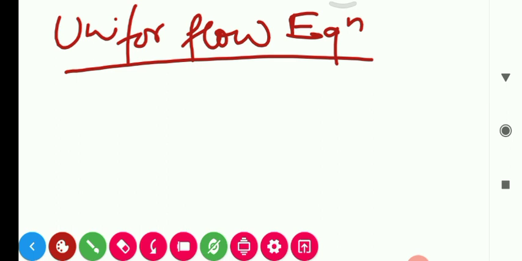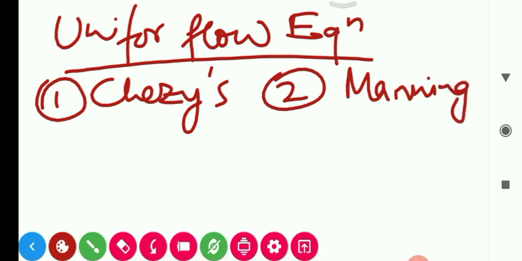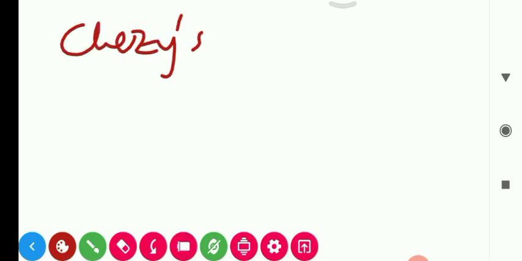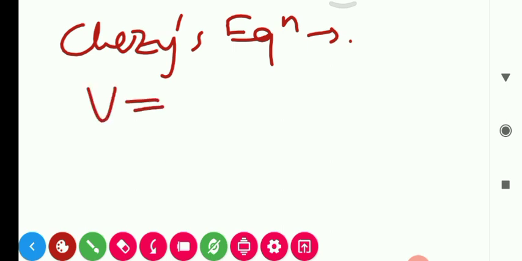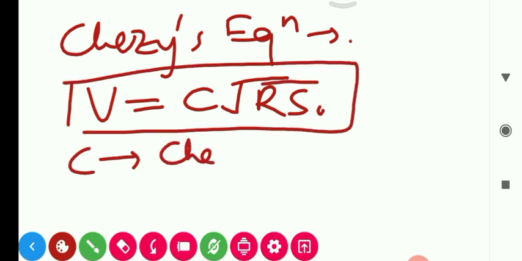Okay, the uniform flow equation we have to study in two formats. One is Chezy's equation and the second one is Manning's equation. So what is Chezy's equation? Chezy's equation defines the velocity for a steady flow as V equal to C under root R into S naught, where C is Chezy's constant.